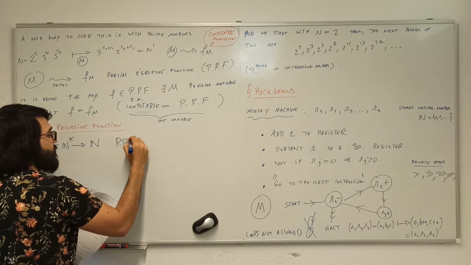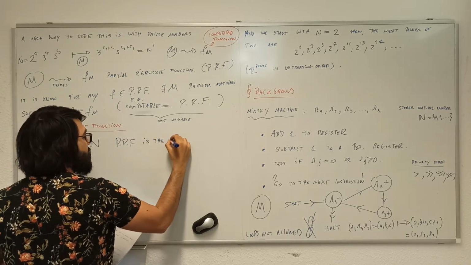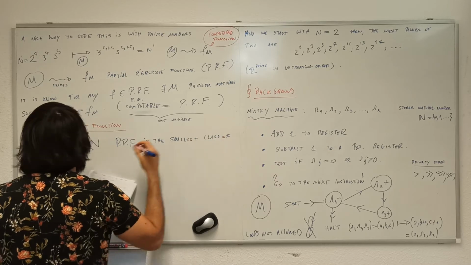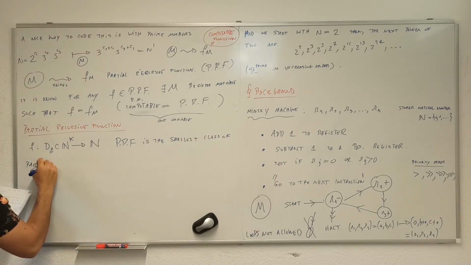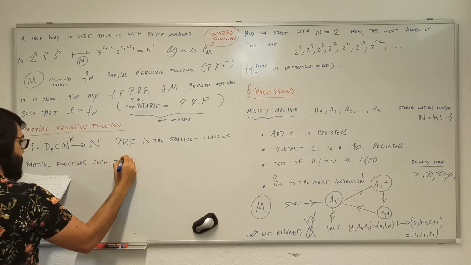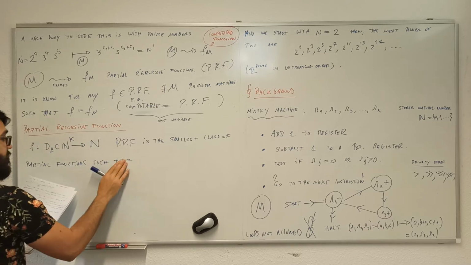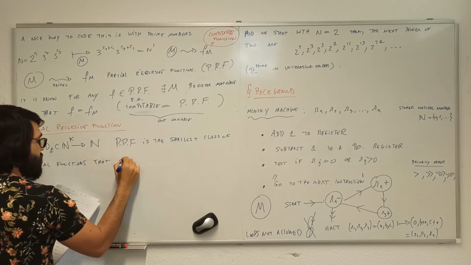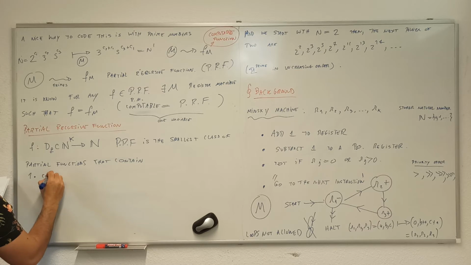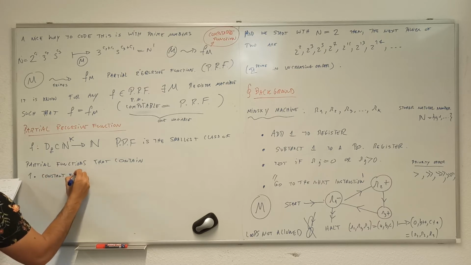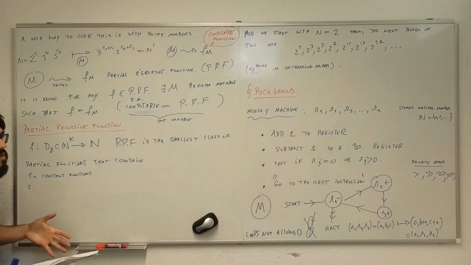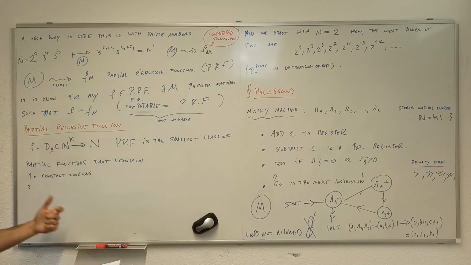So PRF is defined as the smallest class of partial functions like this that contains the constant functions, because I want to define something that's computable and can also be defined recursively.